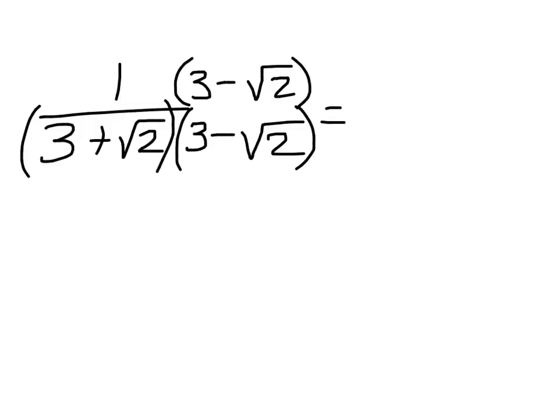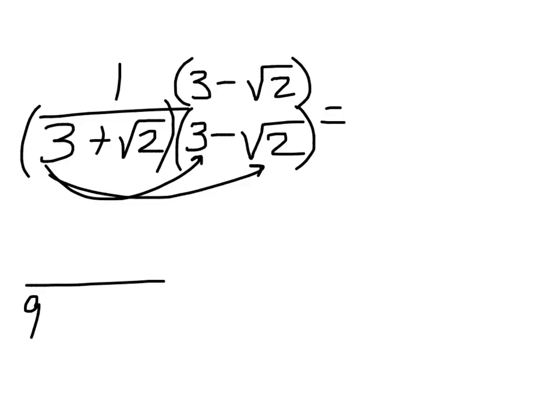So, which part do you want to multiply first, the top or the bottom? Bottom? What's 3 times 3? 9. What's 3 times negative root 2? Negative 3 root 2. What's root 2 times 3? Plus 3 root 2.